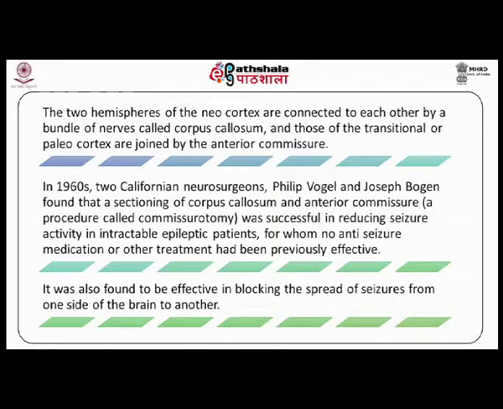In the 1960s, two California neurosurgeons, Philip Vogel and Joseph Bogen, found that sectioning of the corpus callosum and anterior commissure, a procedure called commissurotomy, was successful in reducing seizure activity in intractable epileptic patients for whom no anti-seizure medication or other treatment had been previously effective.